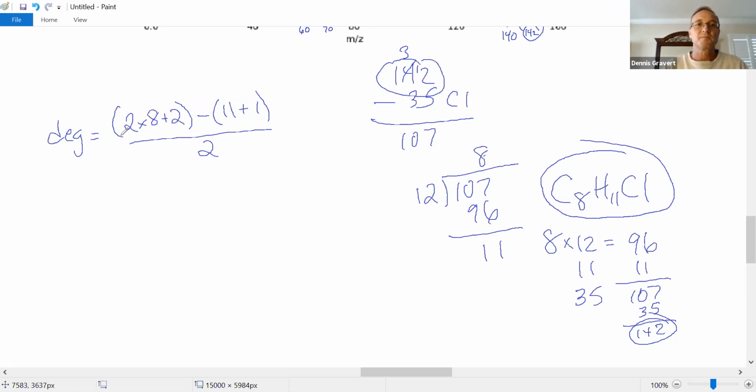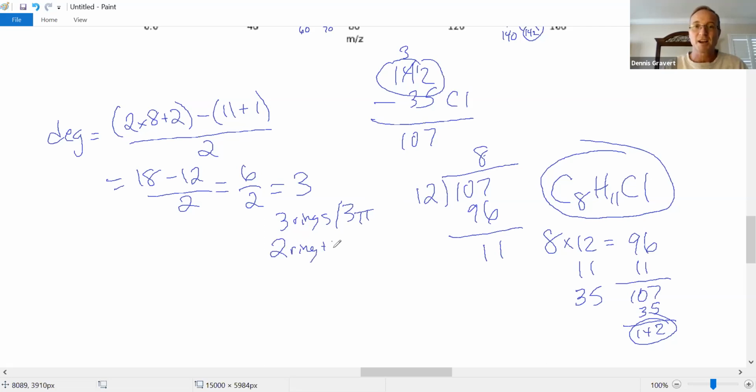Divide the whole thing by 2. 2 times 8 is 16, plus 2 is 18, minus 11 and 1 is 12. 18 minus 12 is 6, divided by 2 is 3. So I have 3 rings, or 3 pi bonds, or we have 2 rings and a pi, or we have 2 pi and a ring. Anything else? We have 1 ring, 2 pi bonds. I already got that. All right, those are possibilities.